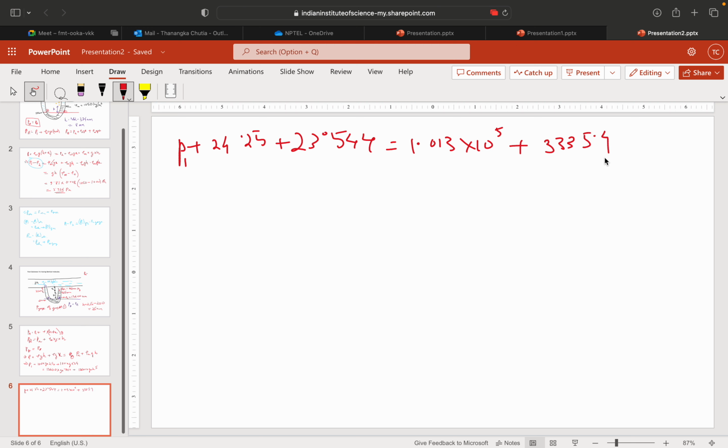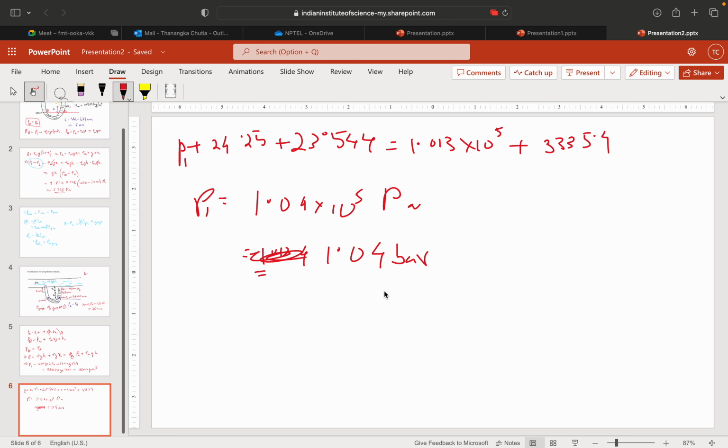So 1.013 into 10 to the power 5 plus 3335.4 minus 23.544 minus 24.25. This will give you P1 equal to 1.04 into 10 to the power 5 Pascal, or 1.04 bar.